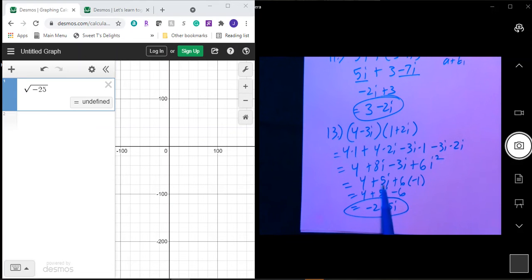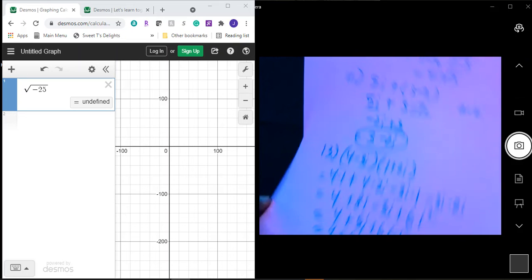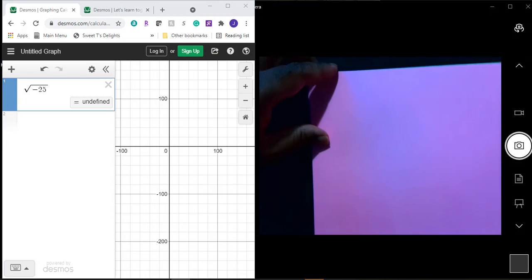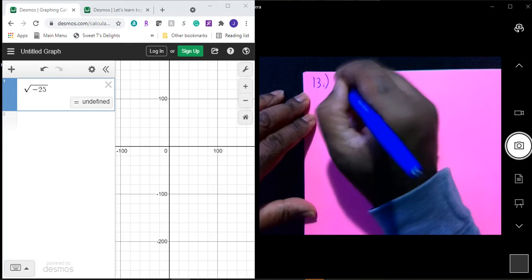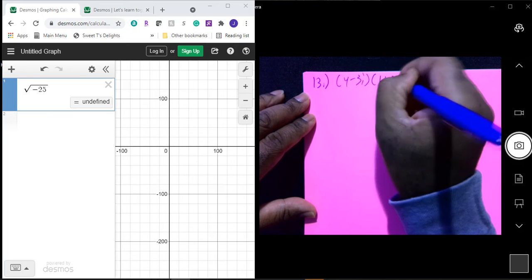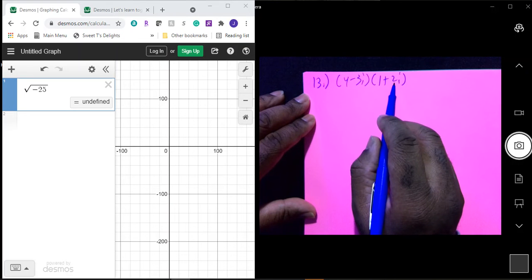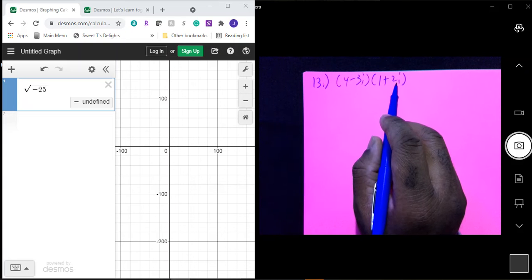Okay, class, I noticed I made a little error with problem 13 that I have to redo. I'm going to rewrite it. I made one little error when I was multiplying. I took negative 3i and then multiplied it by a negative 2i, but it was supposed to be by a positive 2i.